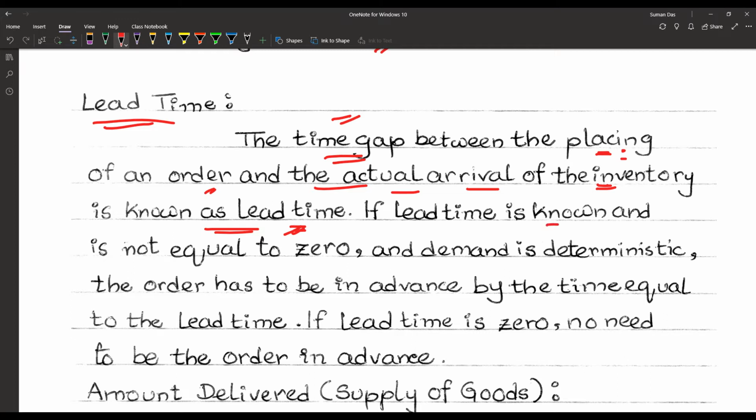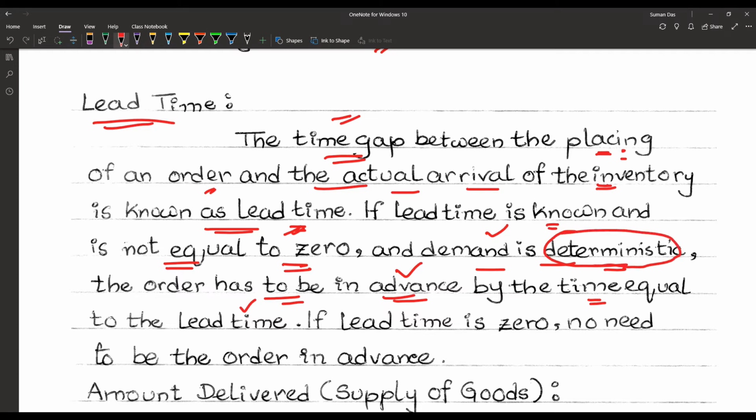If lead time is known and is not equal to 0, and the demand is deterministic, the order has to be placed in advance by a time equal to the lead time. That means we know the demand, and some time is required after placing the order to get it, so the lead time is not equal to 0. We have to place the order in advance, because we know the demand rate is deterministic, that means exact.